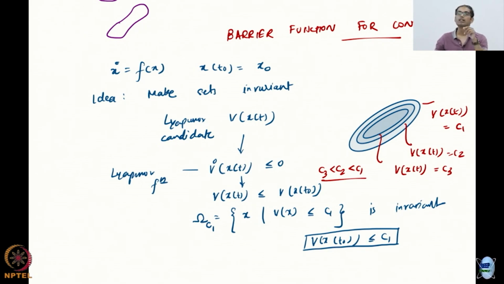Now suppose my initial conditions, so this is assuming what? My initial conditions are somewhere inside this outer ellipse. Now suppose my initial conditions were inside the inner ellipse, somewhere inside the inner ellipse.